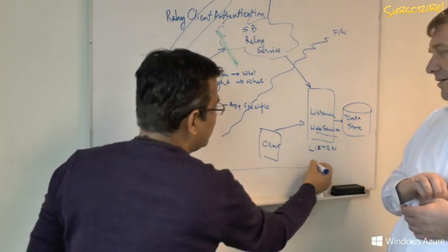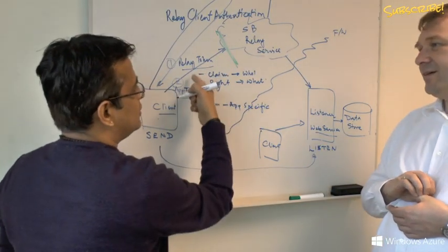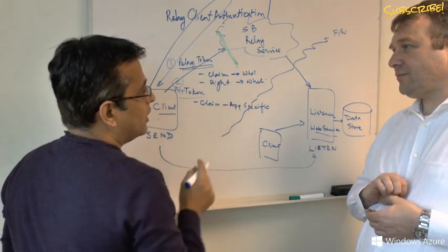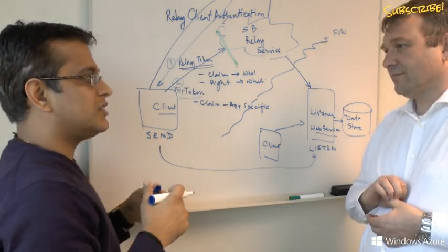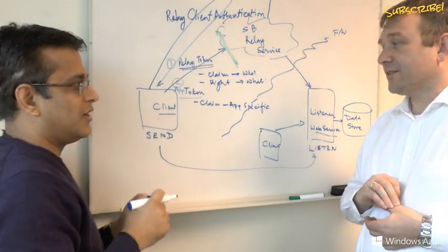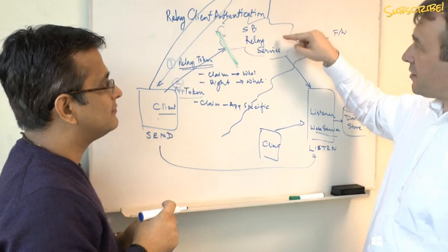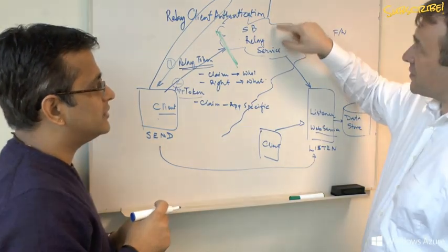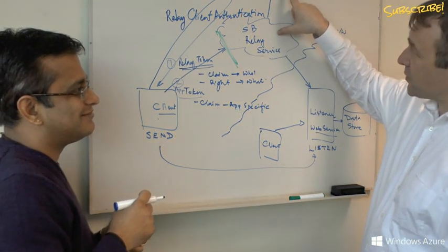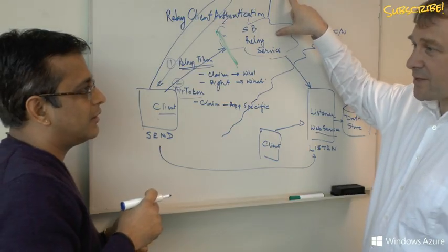So you have to be very careful about the signing key used on the relay token, which cannot generally be shared out. The signing key for the relay token belongs with the relay service, and that relationship between those two is what that signing key is for.